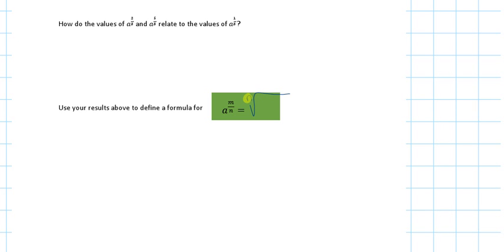So we've done that part. But what's missing is that now in this case, it's going to be a to the power of m. So that power of m sticks with the a. There's two different ways that we can write this. We can write it as the nth root of a to the power of m altogether, or we can write it as the nth root of a, then to the power of m, and they both give you exactly the same answer.